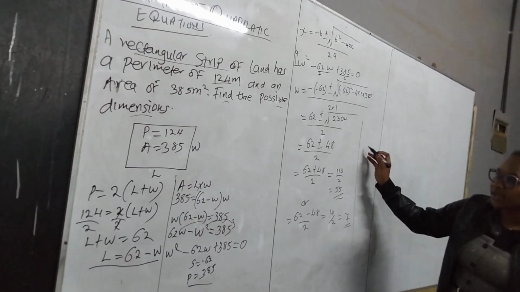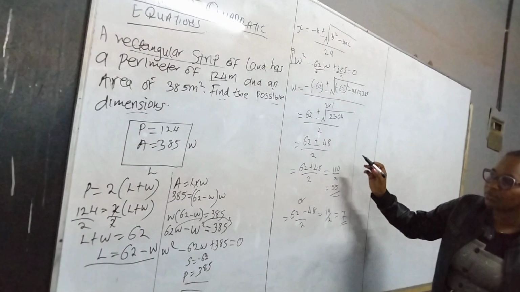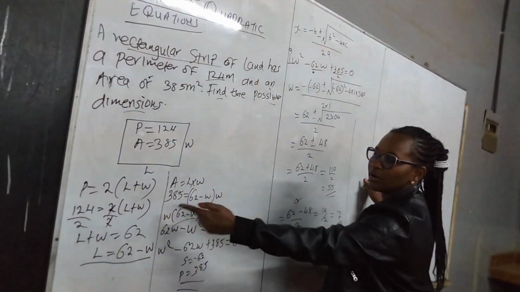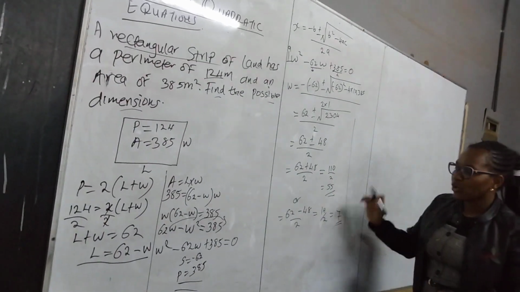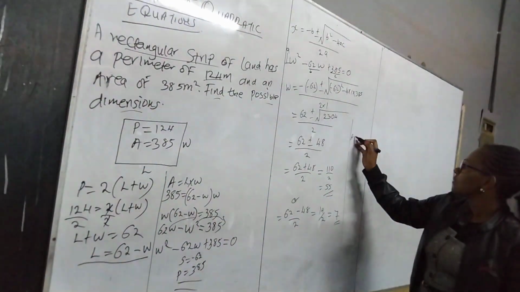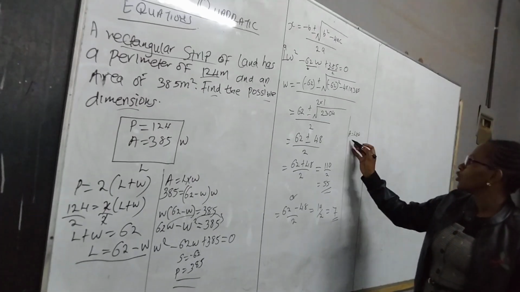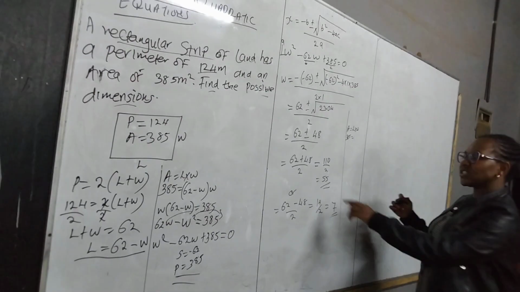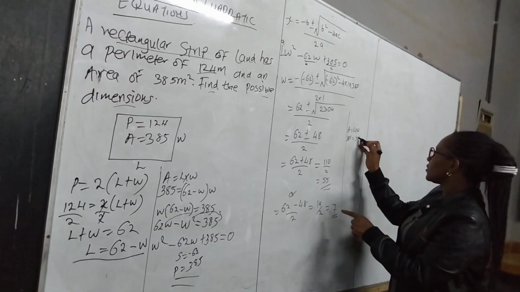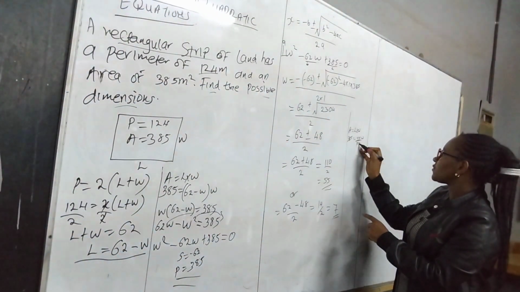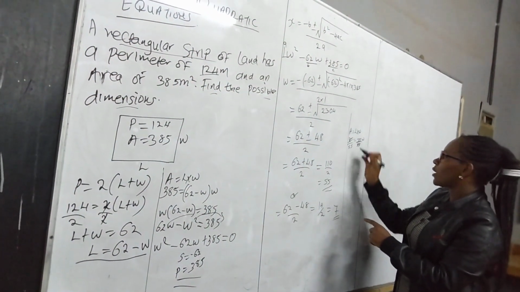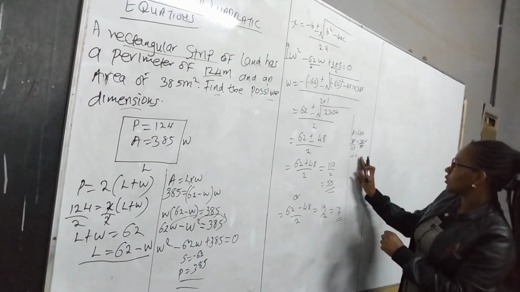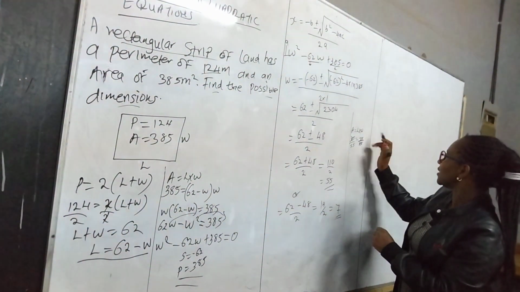We can use either of the two equations we had, either from the perimeter or the area. We know that area is equal to length times W. Our area was 385, equal to length times W. If we take W as 55, we divide by 55 on both sides and we have the value of length.